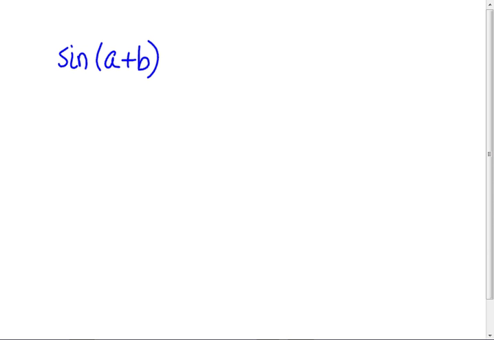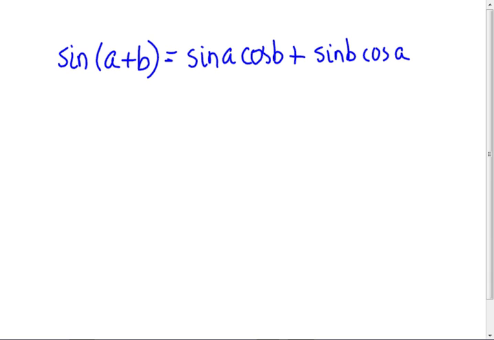You had to do the sine of A plus B. And I don't know if my reserve yesterday gave you what the identity is. You could have looked it up. But you need the sine of A cosine B plus sine of B cosine of A. And one of them was, you're doing this at pi, I think.